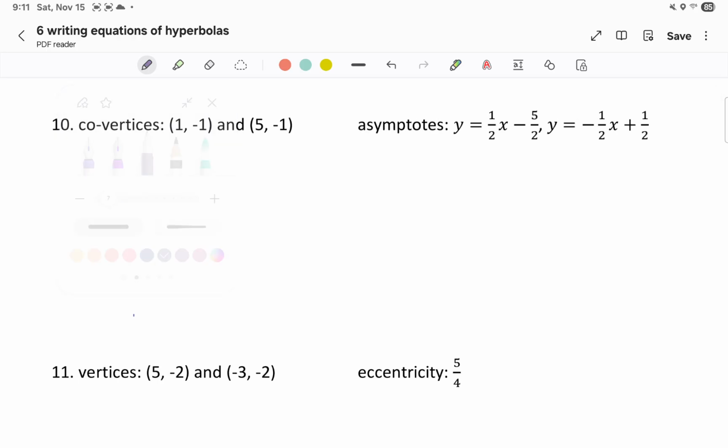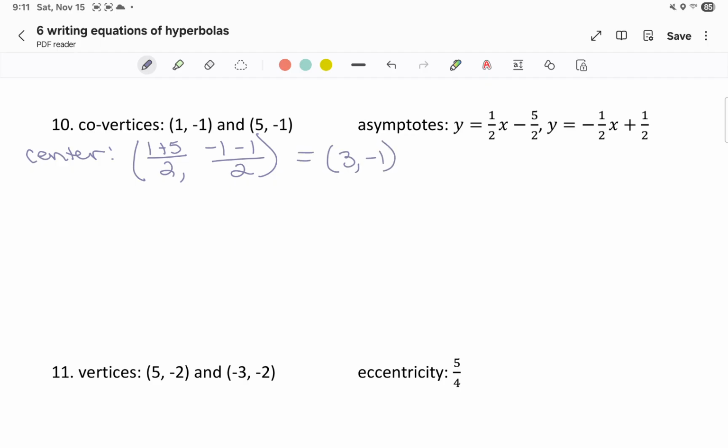And then with number 10, we have covertices and we have asymptotes again. So of course we're going to find that center. And so that is going to be 1 plus 5 over 2, then negative 1 minus 1 over 2, which is going to be 3 and negative 1.